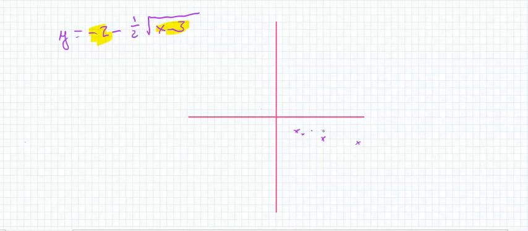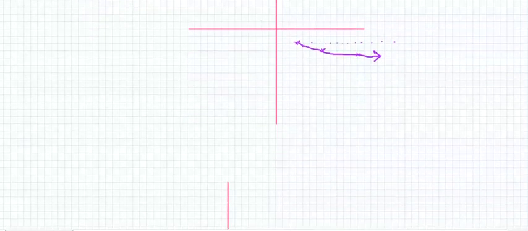And again, it's always off of this line here. So my graph looks like that.